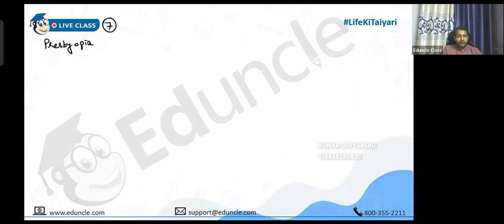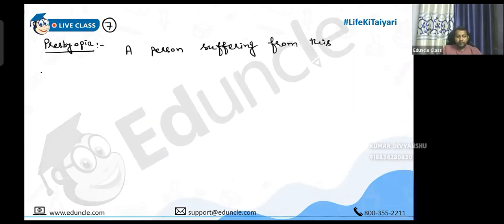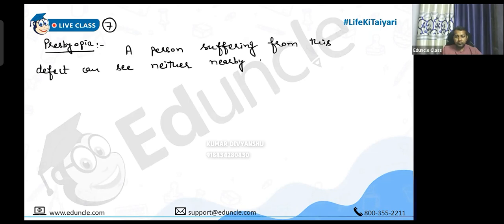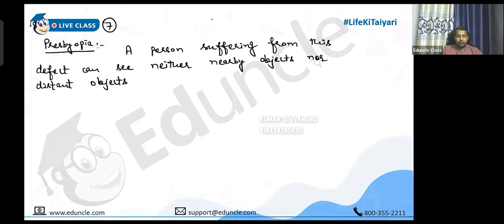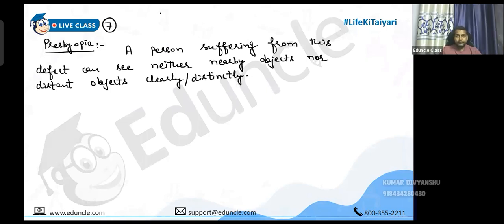Presbyopia. What is this defect? And why does this happen?